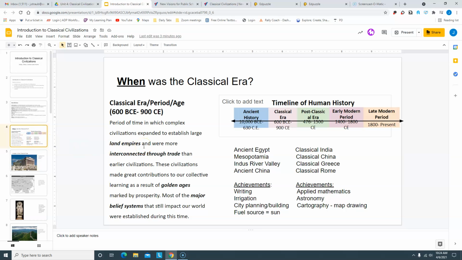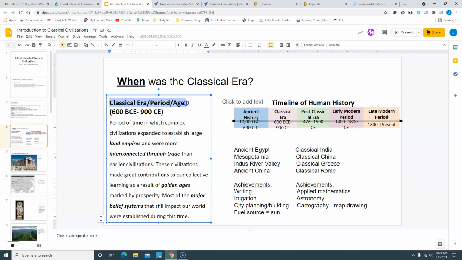So when was the classical era? We've previously talked about the ancient era or ancient civilizations. Now we're moving forward in time and we're talking about the classical era, or the classical period, or the classical age. So the classical era is identified as 600 BCE, so that's Before Common Era or before Christ, to 900 CE, Common Era.